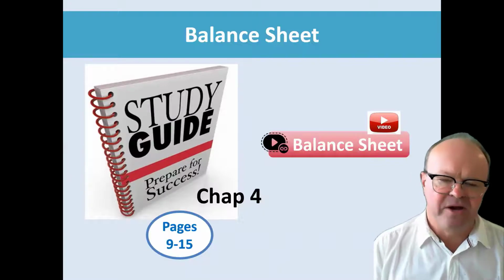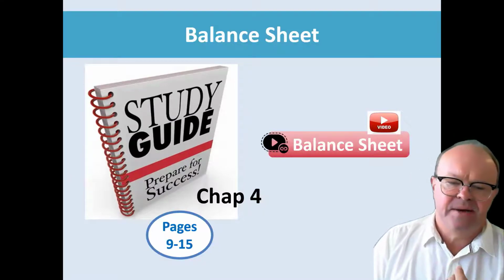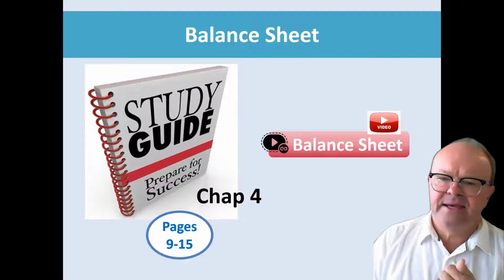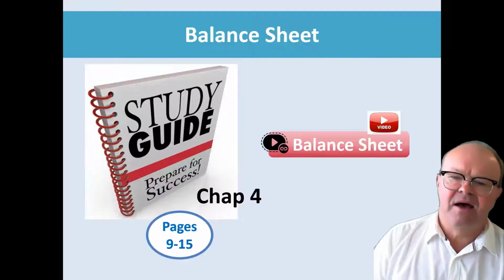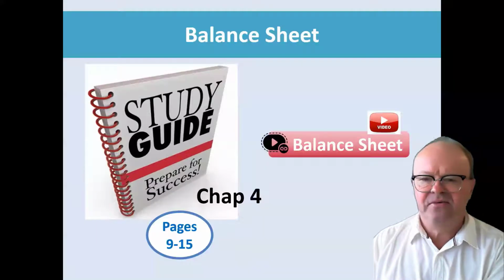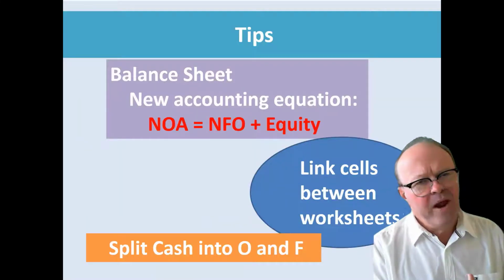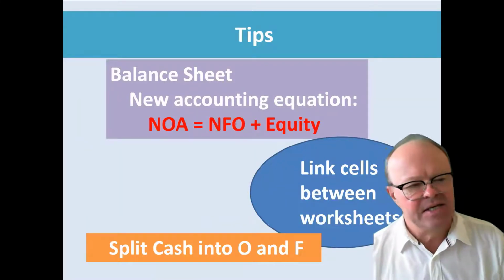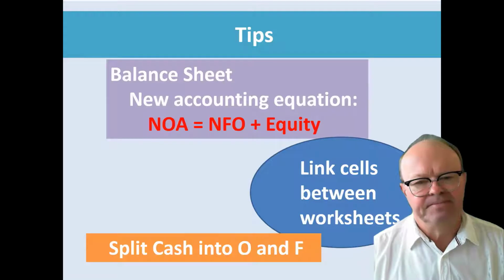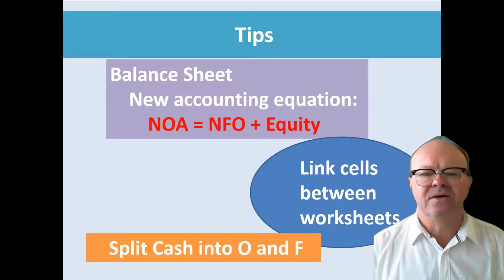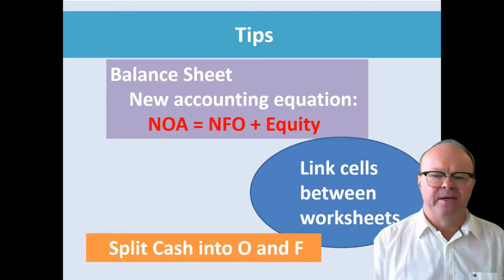Chapter 4, pages 9 to 15, restating the balance sheet. So read the study guide and then look at Maria's video on the balance sheet. When we restate the balance sheet, there'll be a new accounting equation: net operating assets equals net financial obligations plus equity.